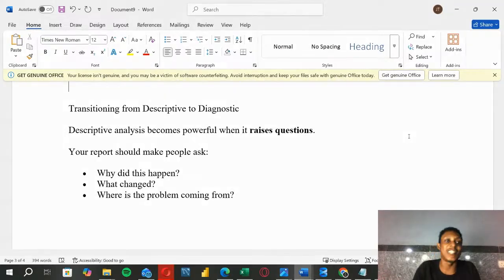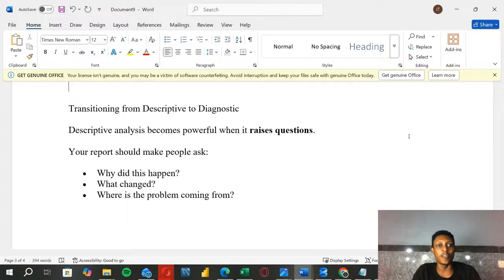If you have not gotten to this stage, you are still a beginner, a pure learner. If people cannot ask questions from your reports, you are a beginner. Like I said, if you're transitioning into data analysis, the first foundational area you should focus on is descriptive analysis.